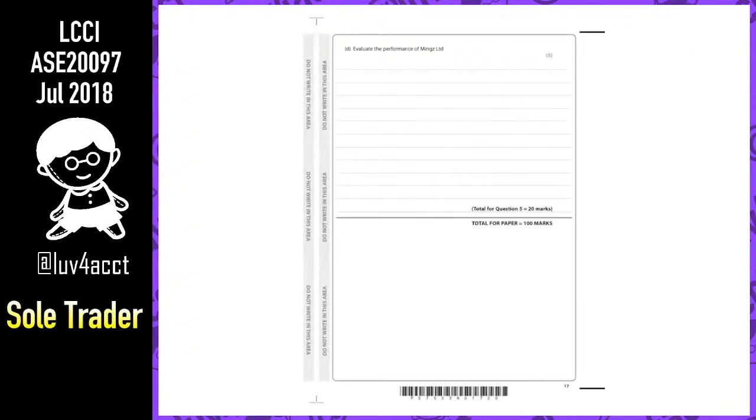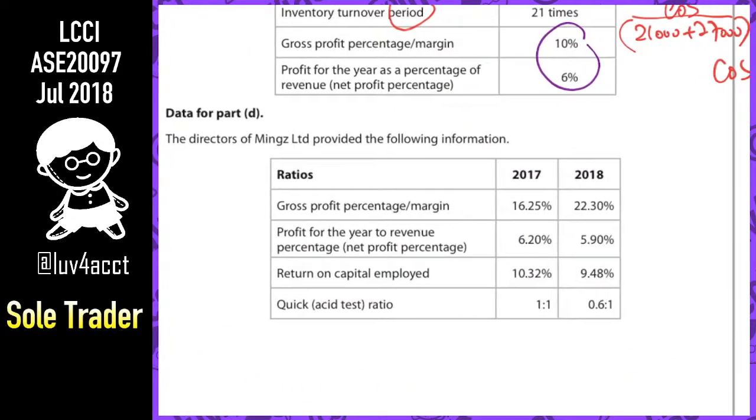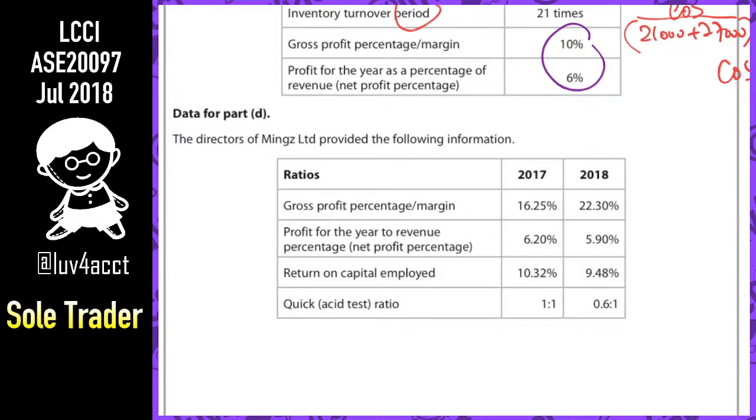Evaluate the performance: we look at improvement or deterioration. Gross profit percentage good, net profit percentage not good. Return on capital employed deteriorated.